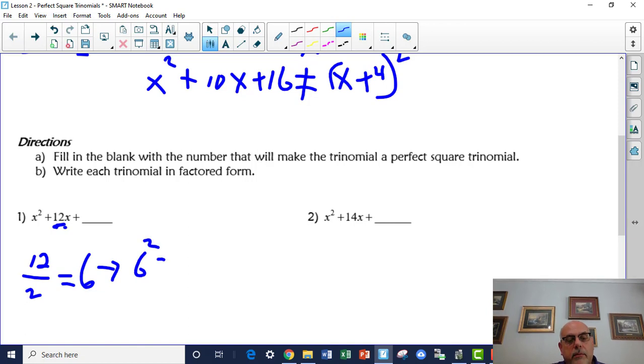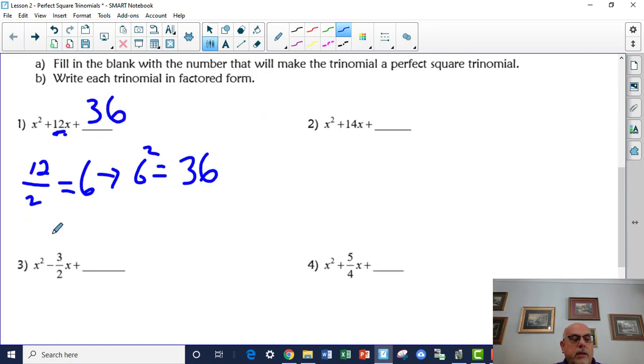Then you square it. 6 squared is 36. I don't know why I wrote 12. So you can add 36. Okay? You're always adding to do this, by the way. All right? It's sort of like completing the square, right? You're taking the middle term, divide by 2, then square it.